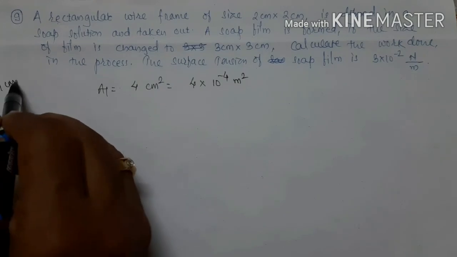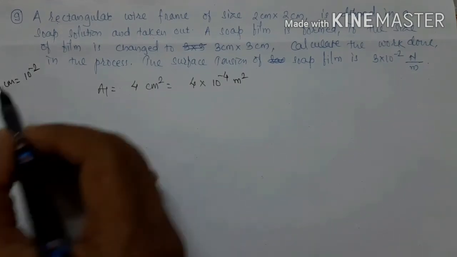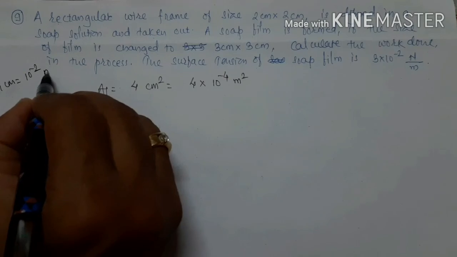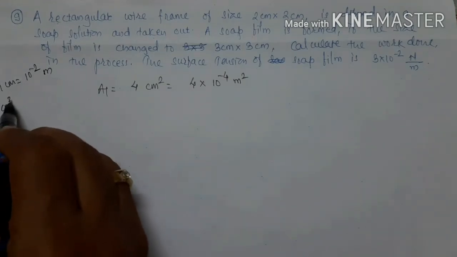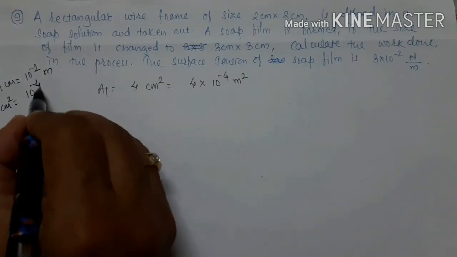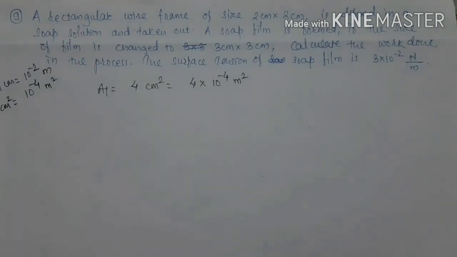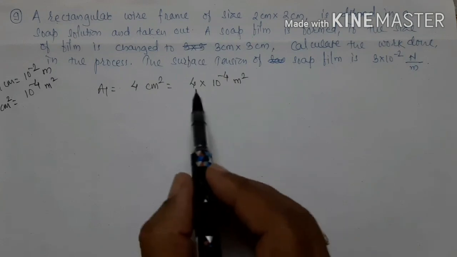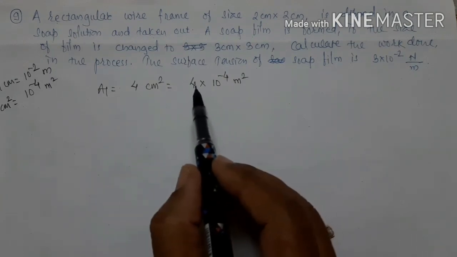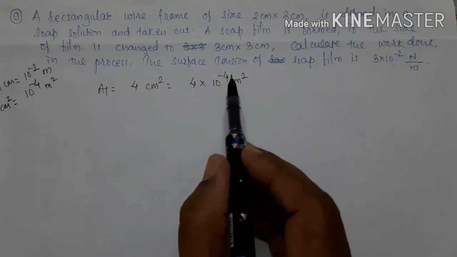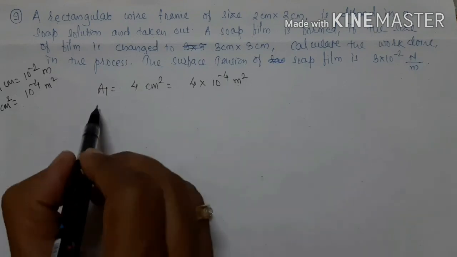Here 1 centimeter is equal to 10 to the power minus 2 meter, and 1 centimeter square is equal to 10 to the power minus 4 meter square, square of 10 to the power minus 2. Therefore, 4 centimeter square is 4 into 10 to the power of minus 4 meter square.